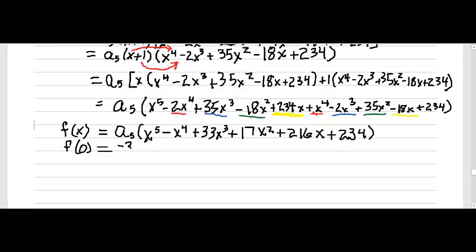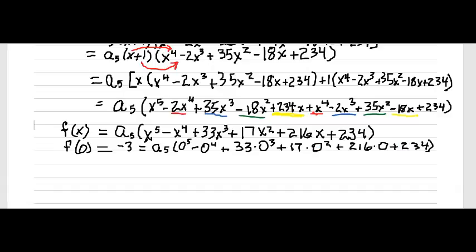So now I'm going to replace all of my x's with 0, and when I do, this polynomial has to equal negative 3. So notice this is going to allow me to find a sub 5, the leading coefficient of the polynomial. So I replace all the x's with 0. And notice all the terms become 0 since multiplication by 0 is 0.